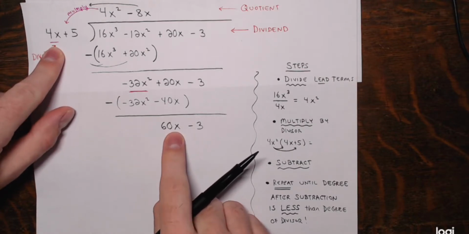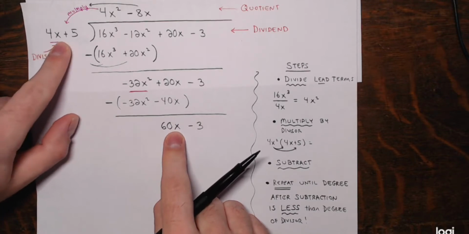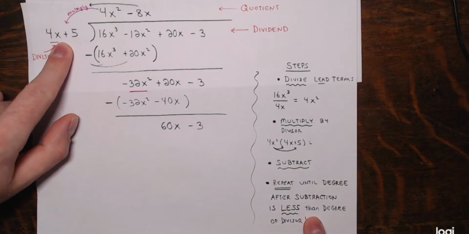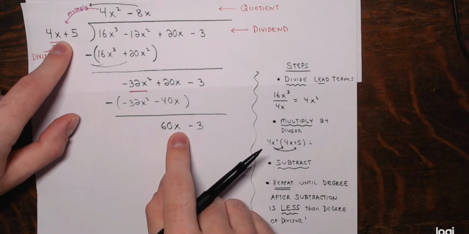That's a degree 1 polynomial, x to the first. The divisor is also degree 1, so we're not done. We repeat these steps until the degree after subtraction is less than the degree of the divisor. Right now they're equal. They're both degree 1. So I go one more time.